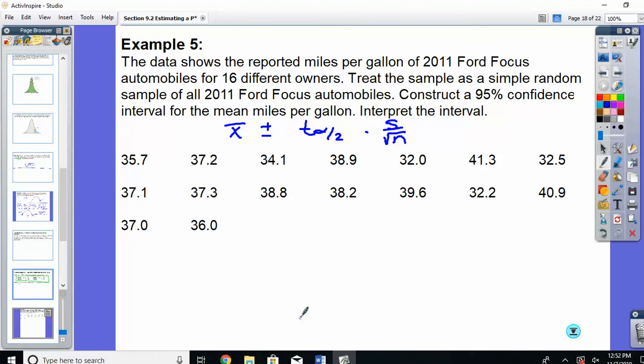Since I have given you the original data, we're going to do something we haven't done in a while. You are going to go to Stat, Edit, and you are going to put all this in your L1. So clear out any data that's in there, enter this stuff into L1. Then remember the next step was to go to Stat, go over to Calculate, and we want number 1 variable statistics.